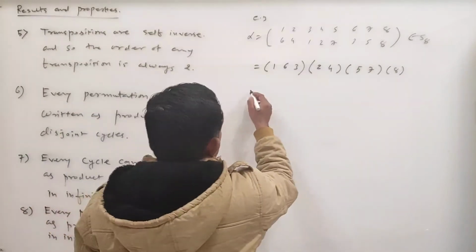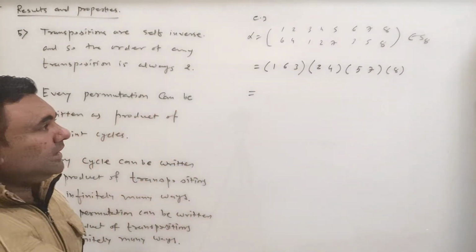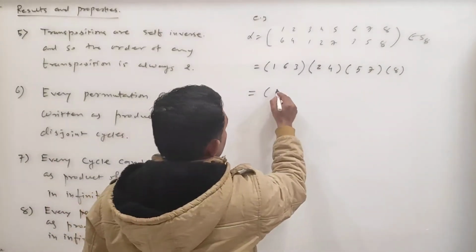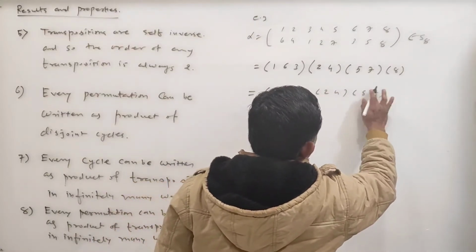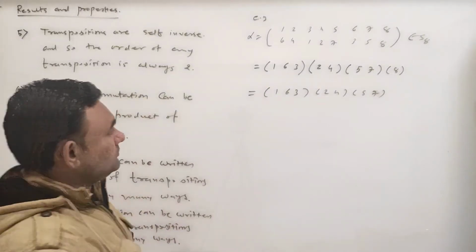Now these two are transpositions and this one is identity. So first of all, no need to write this 8, so it is (1 6 3)(2 4)(5 7). No need to write it because it represents the identity.